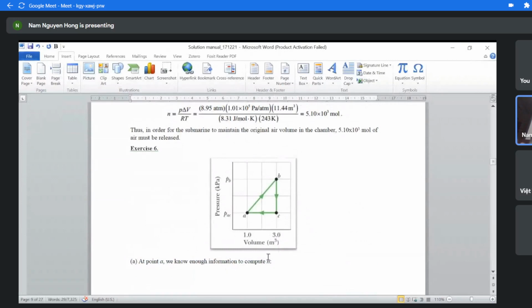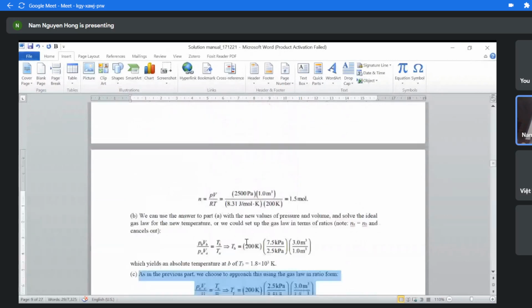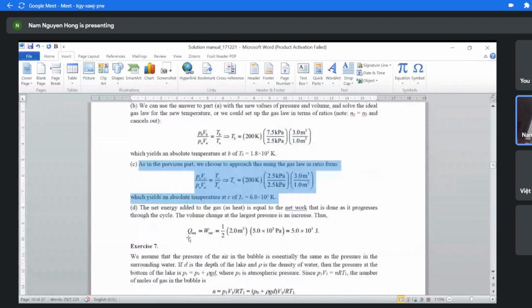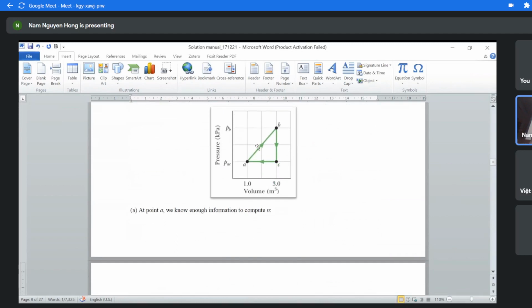And with this, we will have the net heat equal the net work done by the gas. And finally, we will have this result, because the net work done by the gas is actually the area of this triangle, and you should be able to calculate it easily.